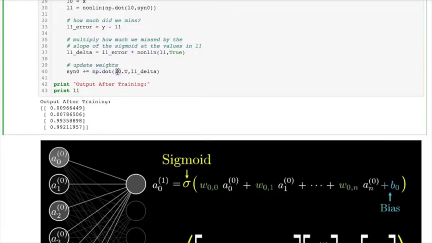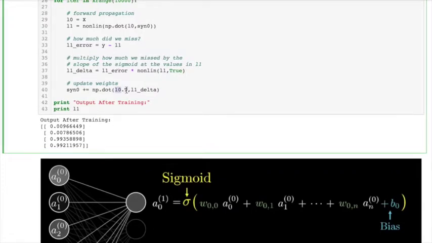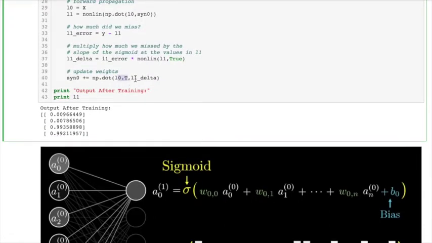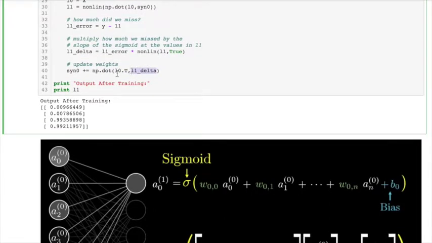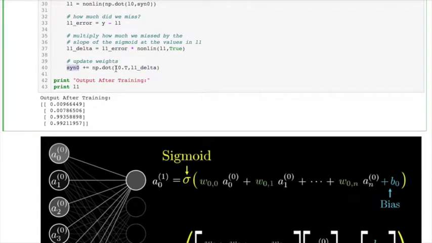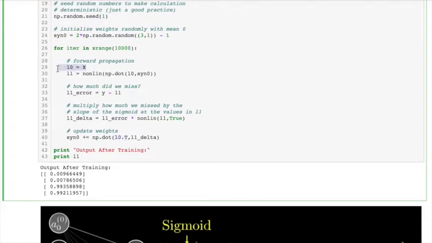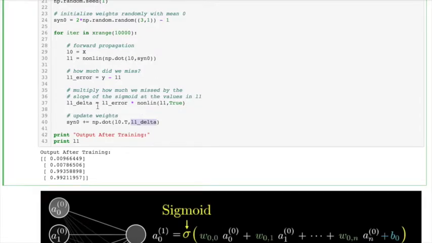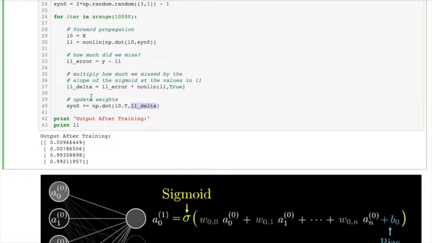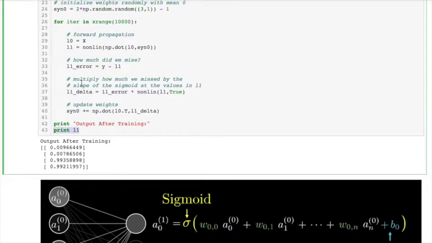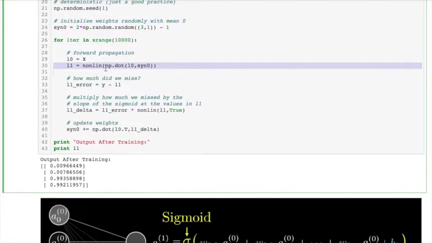So we're going to take the transpose of the data and the delta, multiply them, and get updated weights. So taking the transpose of the data and multiplying it by what we learned that we missed, and we're just going to print our prediction. This is just a one layer prediction.